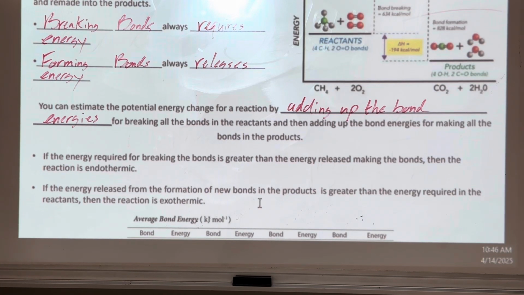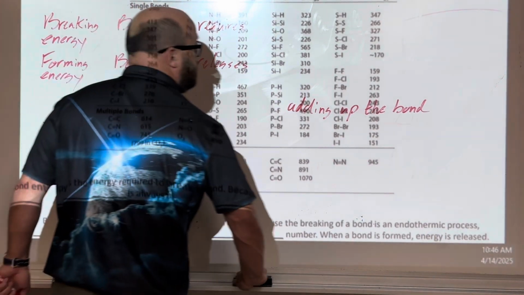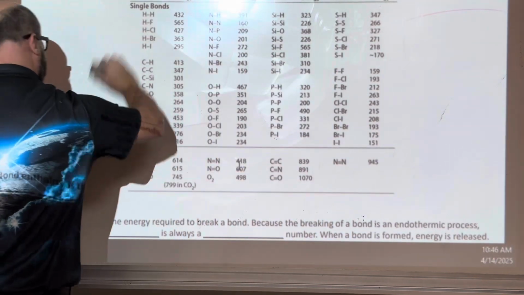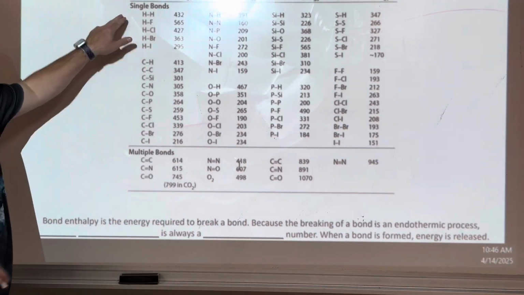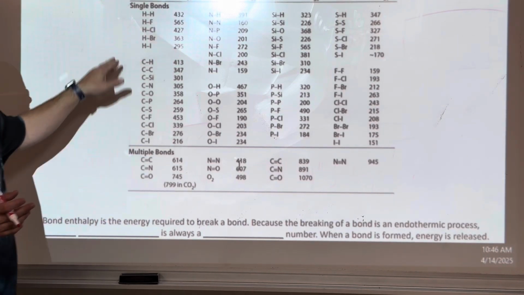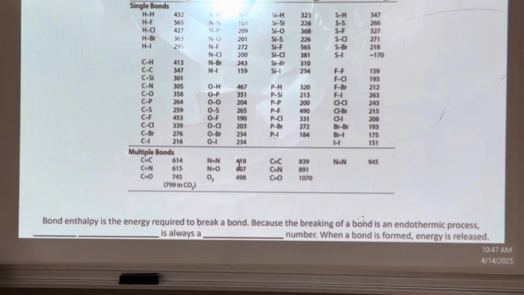You add them all up, you figure out your bond enthalpy. Now, this is something you'll never have to memorize. You'll be given one of these tables that shows you what each type of bond, how much energy it has, how much it releases, or how much it takes to form that bond. You won't ever have to memorize this kind of stuff.